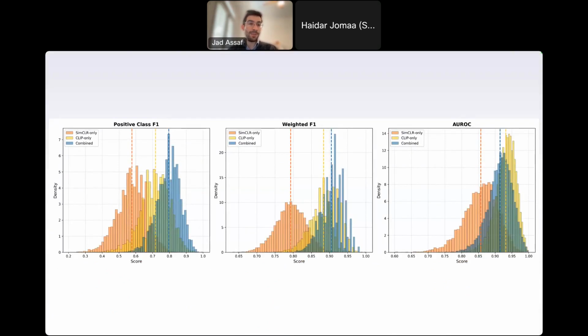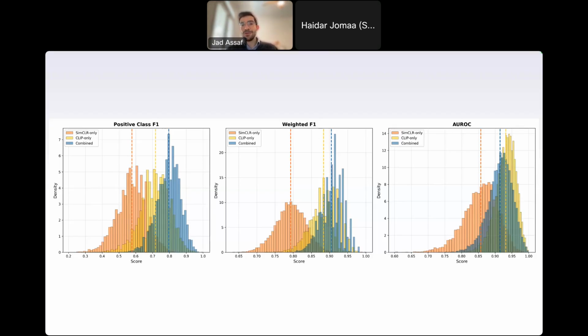In most cases, the blue is the best model, which is the combined model of both CLIP and SimCLR embedders together. But it overlaps a lot with the yellow plot, which is the CLIP-only model. And if you do statistical significance, the CLIP model and the combined models are relatively the same. There's no difference statistically between these two models.